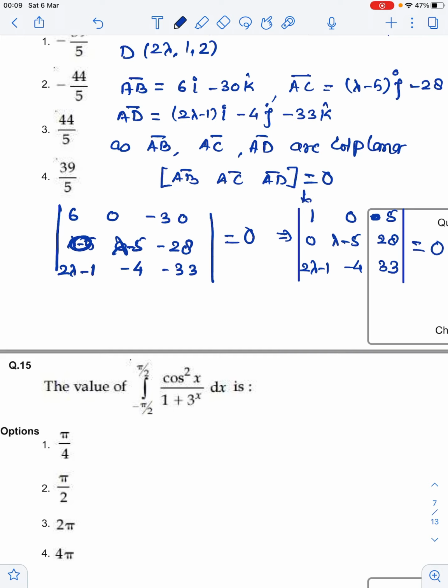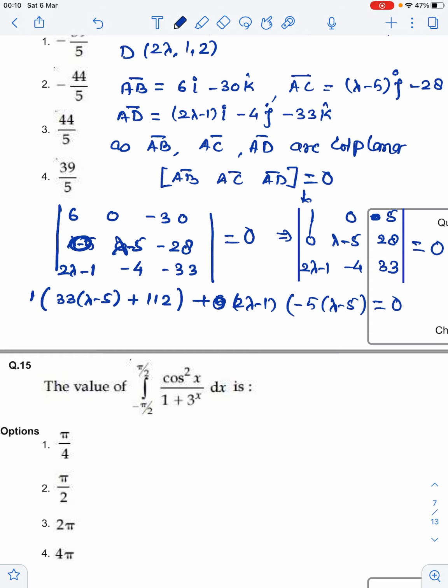Now suppose we expand along C1. So 1 multiplied with 33 times lambda minus 5 plus 28 into 4, 28 into 4 is 112, plus 5 plus 0, and then 2 lambda minus 1 times 0 into 28, and minus 5 into lambda minus 5 equal to 0.